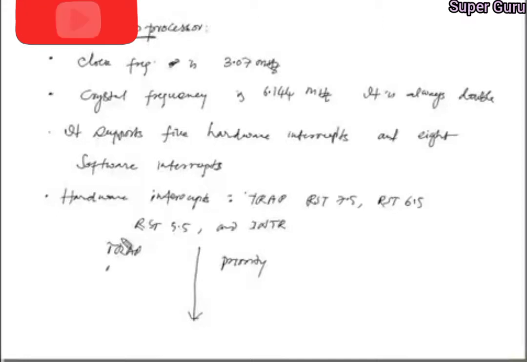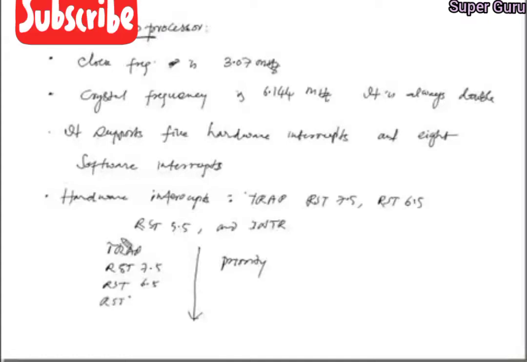Then the next priority is RST 7.5, then RST 6.5, then RST 5.5. The last priority is INTR. So these are the main hardware interrupts. We will continue with the next.